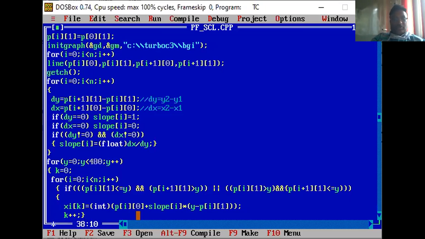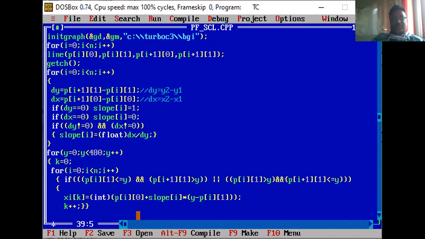Now once you have considered this intersection point and you got the points in between, suppose I draw one of my polygons. This is one of the figures I have to draw.